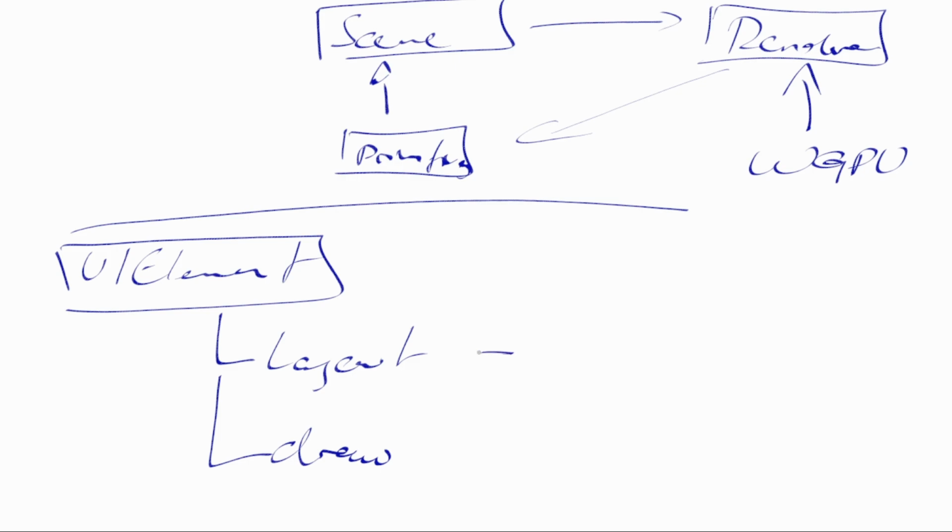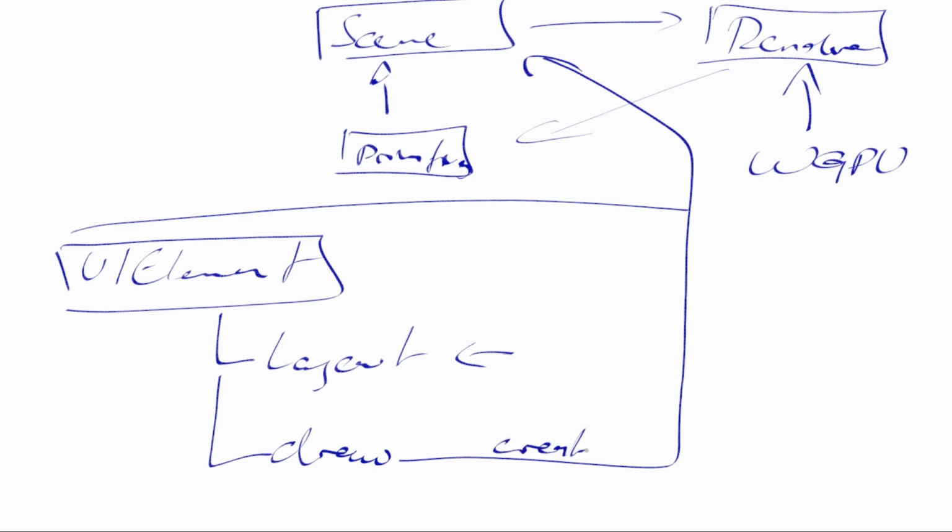The layout function we'll talk about in a second, but when you call draw, it constructs the scene object here. And that gets then rendered later on. We can look at it in code in a second.